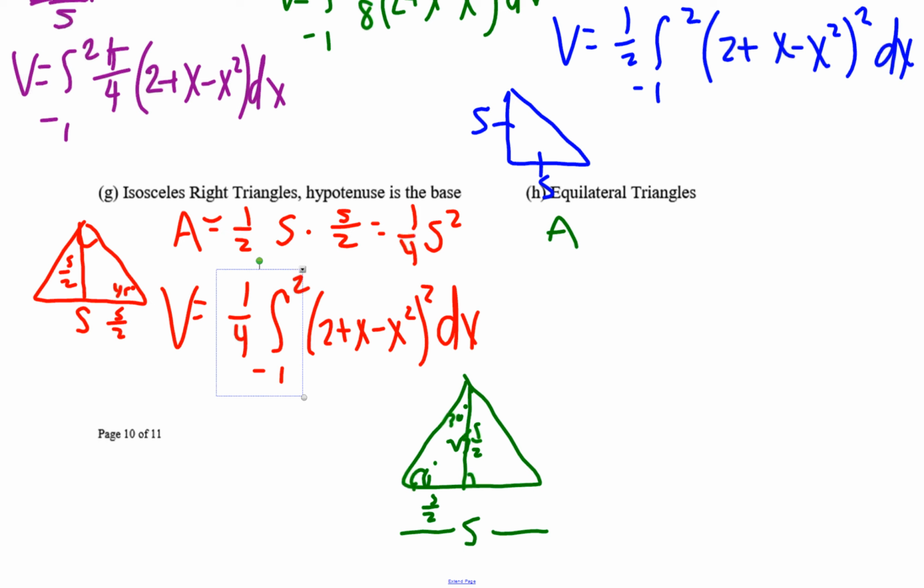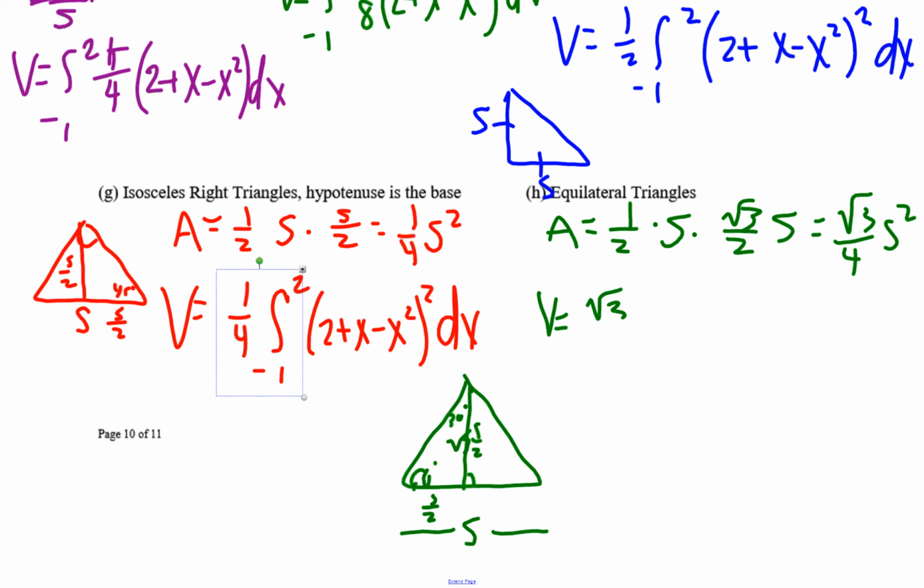So the area then is 1/2 times the base times the height, which is square root of 3 over 2 times S. So we get square root of 3 over 4 S squared. Okay, so the volume is given by square root of 3 over 4 integral -1 to 2. And now that I'm thinking about it, it might not hurt just to do this S squared dx. That way you don't forget to put the squared like I almost did a couple of times.